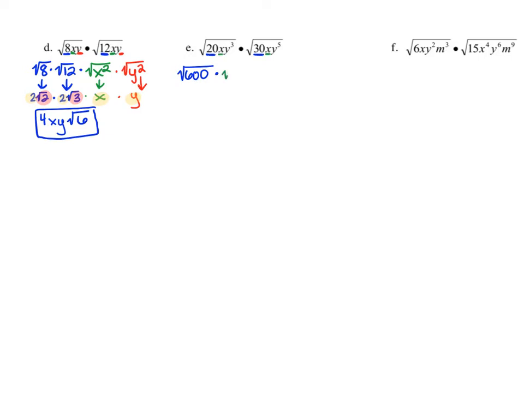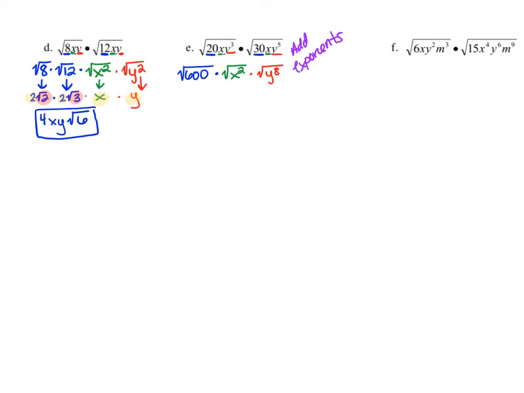So x times x is going to give me x squared. And then y cubed and a y to the 5th. That's going to give me y to the 8th. So one thing you want to remember here is that you're going to be adding the exponents, not multiplying them, okay? So now we're going to simplify this 600.